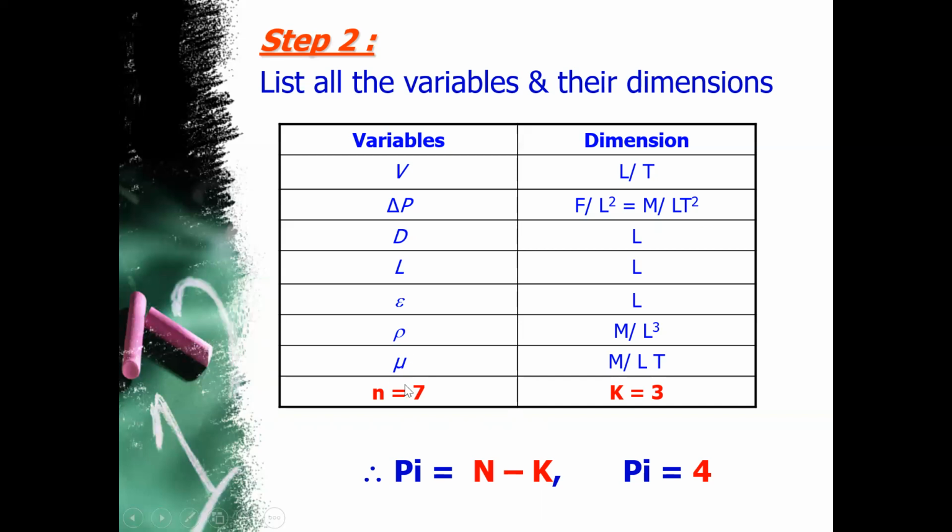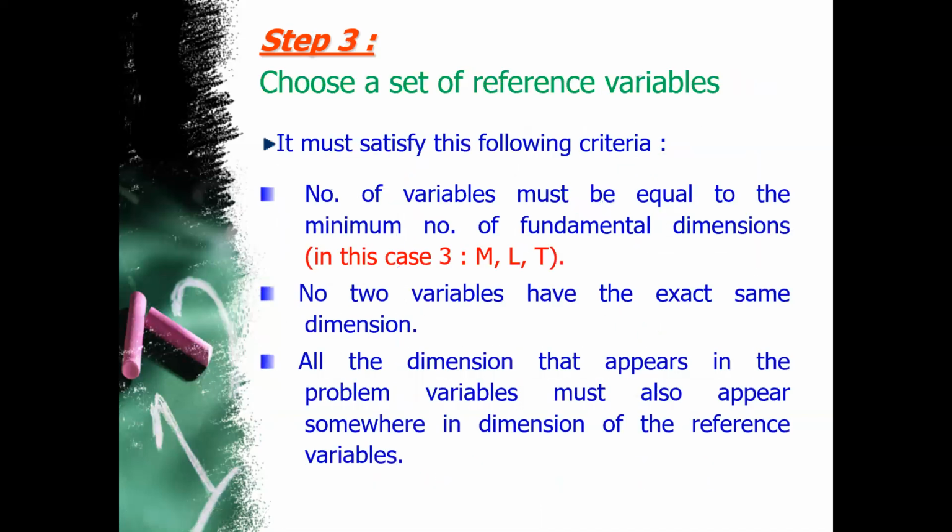In other words, we can reduce the number of original problem variables from 7 to 4, so basically simplify the work. So the next question is how to generate these groups based on the Buckingham Pi theorem.